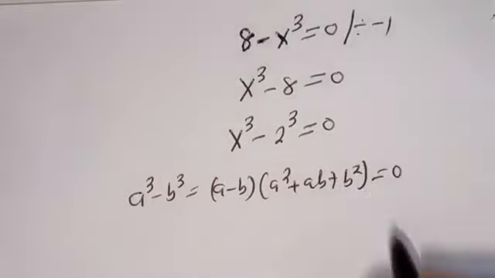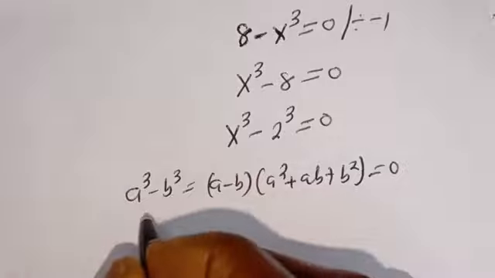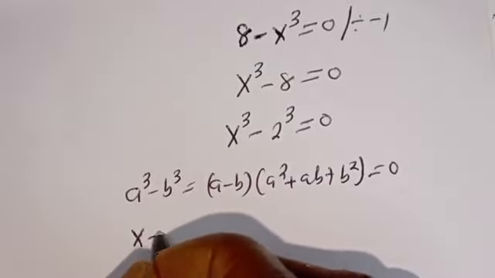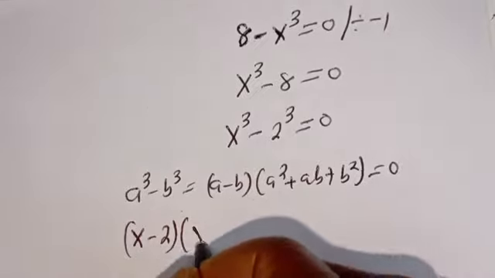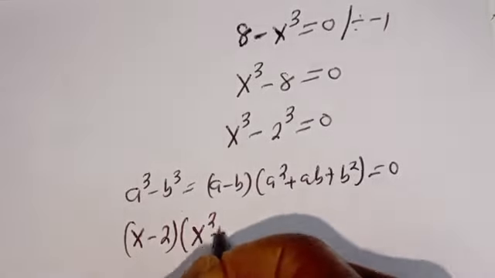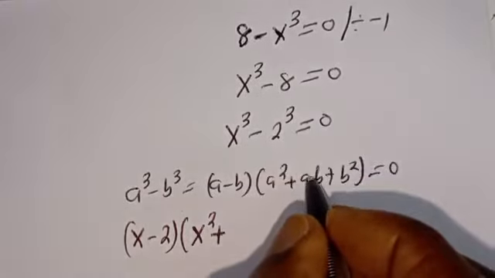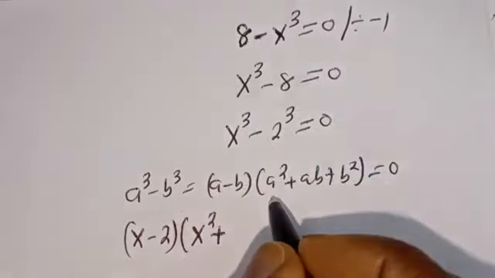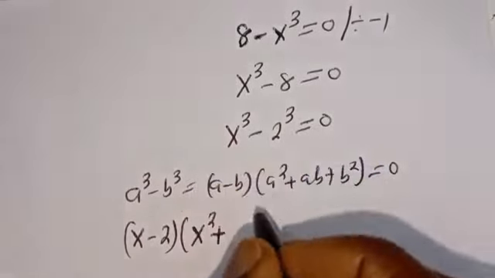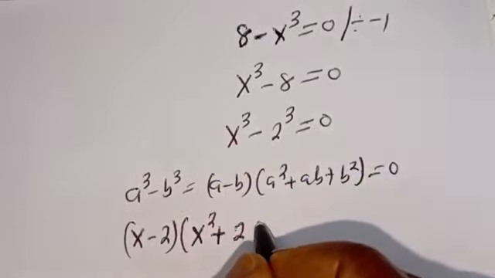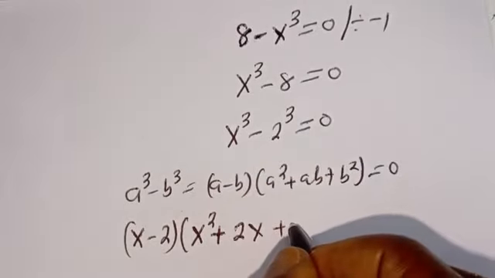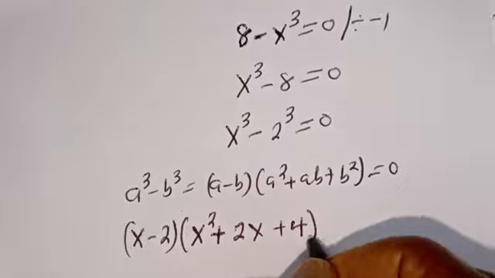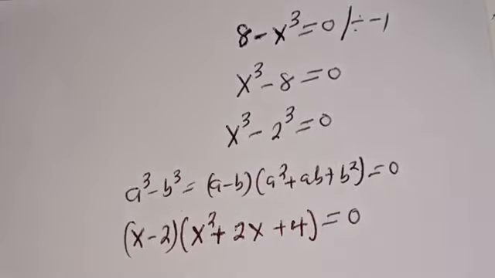Then from here we have s minus 2 bracket s square plus 2s plus b square, that is 4, is equal to 0.